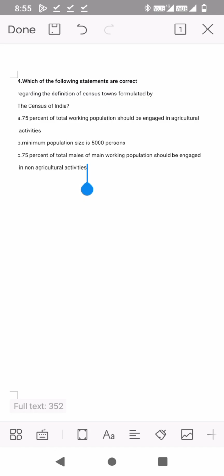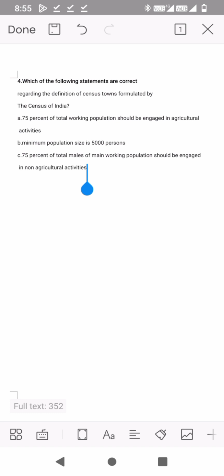So the fourth question is which of the following statements are correct regarding the definition of census towns formulated by the Census of India? The first option is 75% of total working population should be engaged in agricultural activities. B is minimum population size should be 5,000 persons.